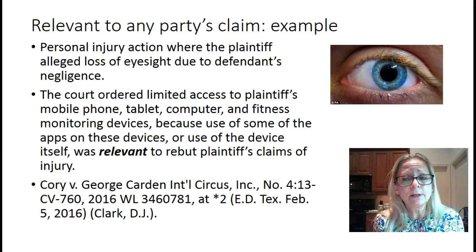So the court granted the motion to compel, the reasoning being that it doesn't even matter what the content of these apps is. The fact that she might be able to see these apps or see her Fitbit or what have you is itself relevant to the fact of consequence, which is how damaged really is her eyesight.